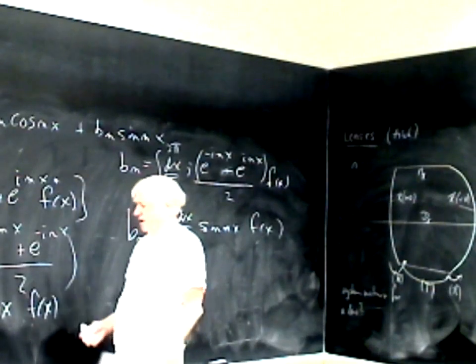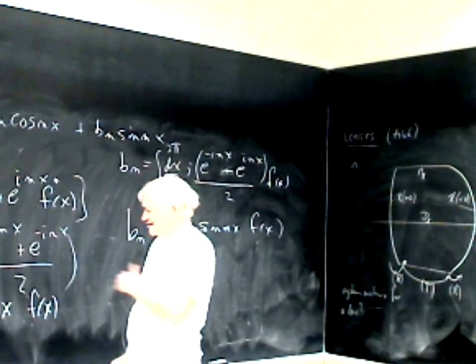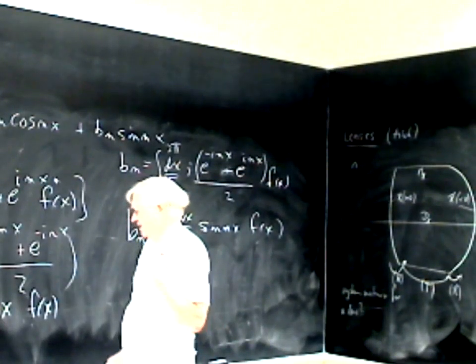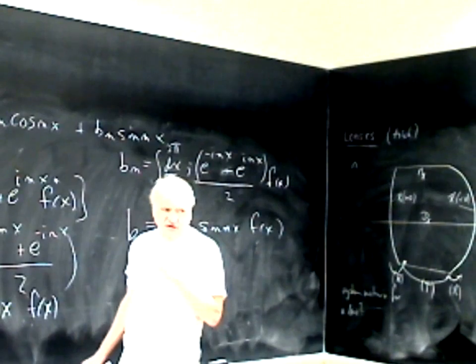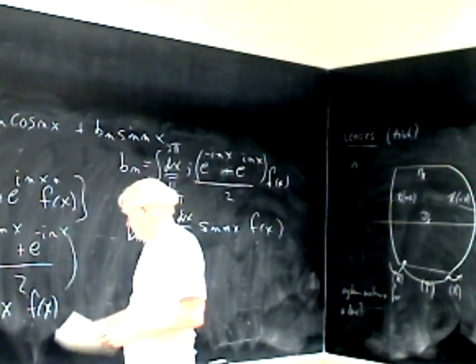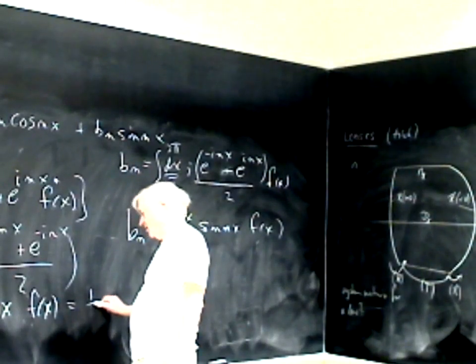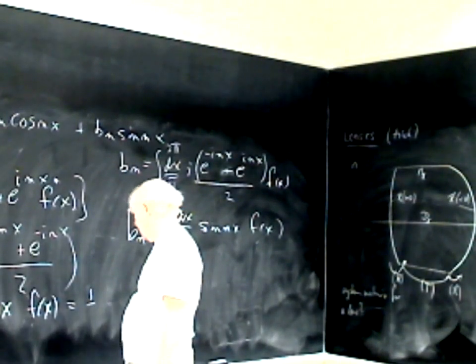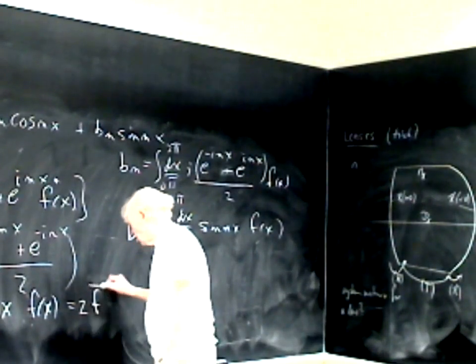So it's kind of an average value of, it's half the average value of f on the interval. Or is it twice? Let me see. Yeah, it's twice. Twice f bar.